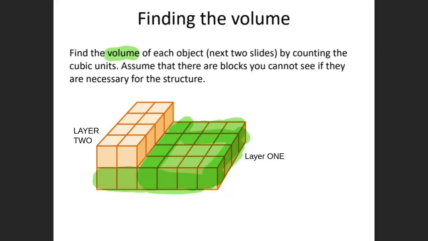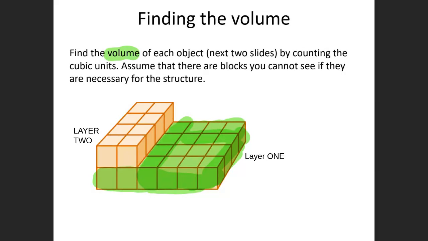So we have one big green area, but you've got to remember to put layer 2 atop layer 1. We have some hidden green sugar cubes. Okay.